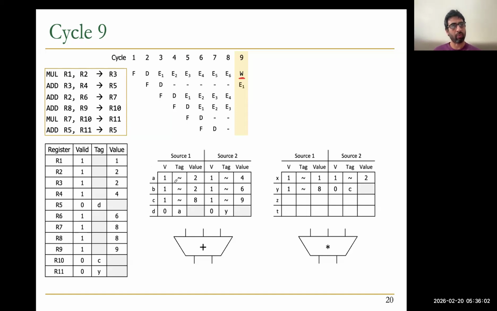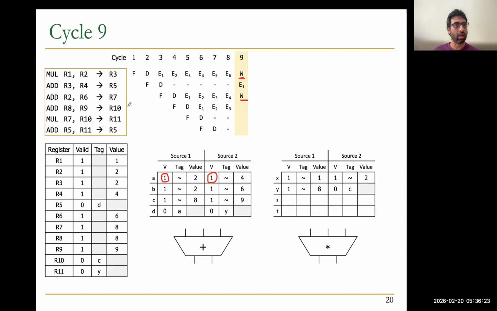And then, remember that our first add instruction became ready to execute in the previous cycle. Now we can dispatch it to the functional unit. It will start executing, and it will take 4 cycles to complete. And the second add is also completed, so it enters the write back stage.